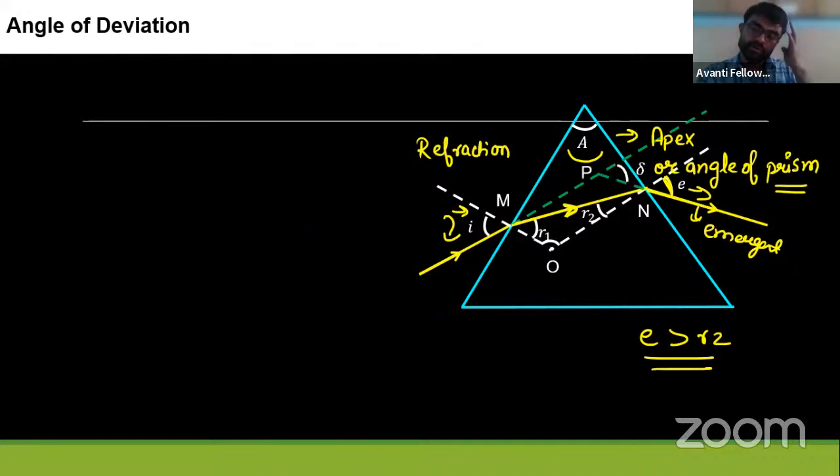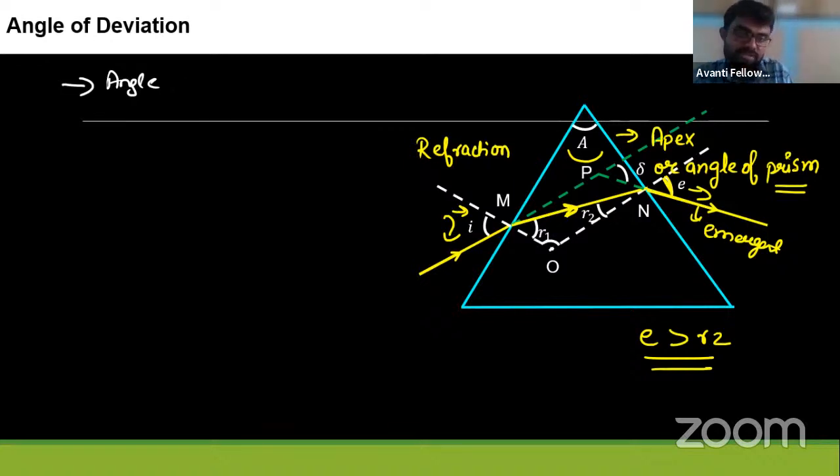First of all, I've already told you what the angle of deviation is. I'm writing a definition here, so see carefully. Angle of deviation is defined as the angle by which the incident ray is turned from its initial direction. Or you can say like this: the angle which the emergent ray makes with the incident ray direction.